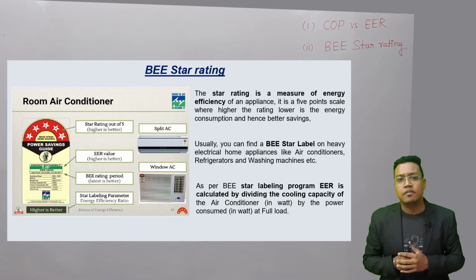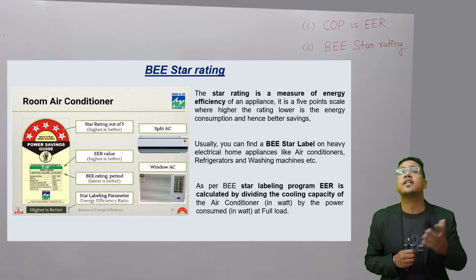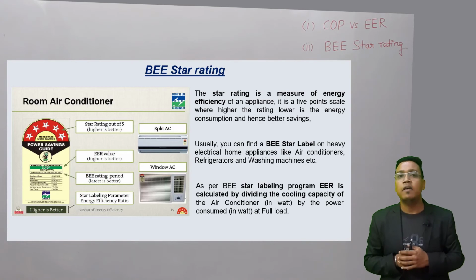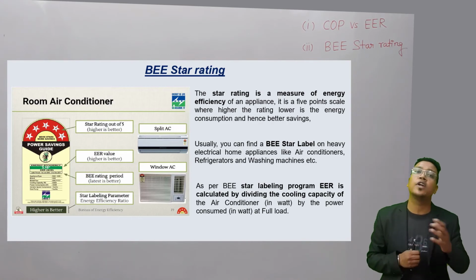An appliance which has 3 stars is a 3 star AC. Suppose you have an AC and on that AC there are only 3 stars, then that is a 3 star AC. If there are 4 stars, that is a 4 star AC.